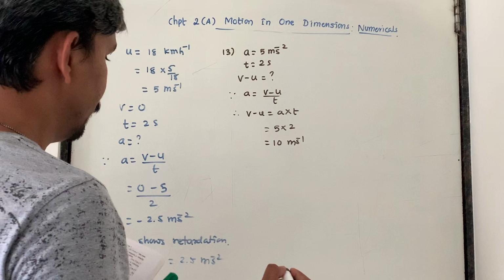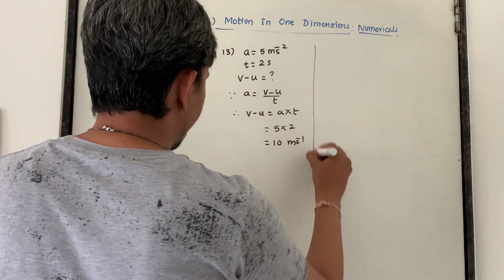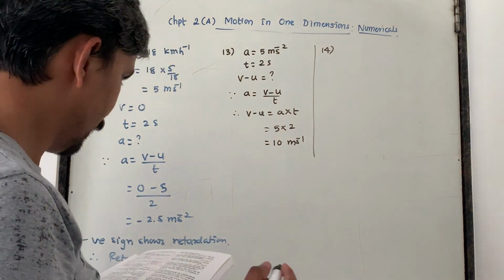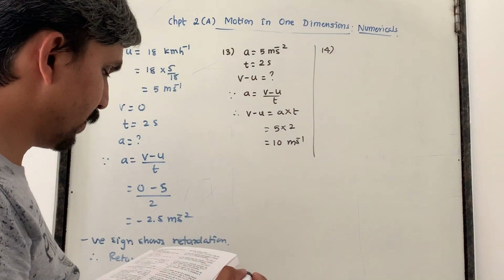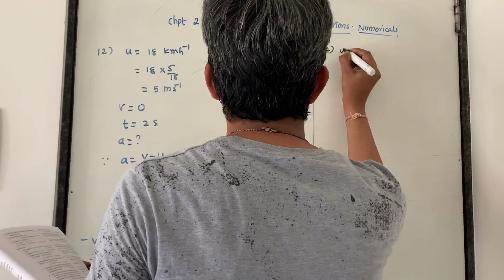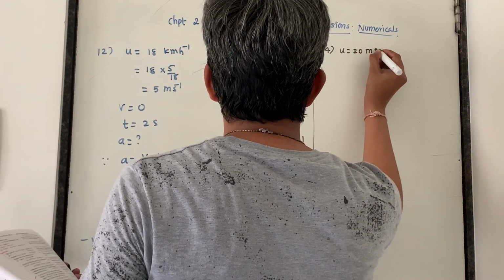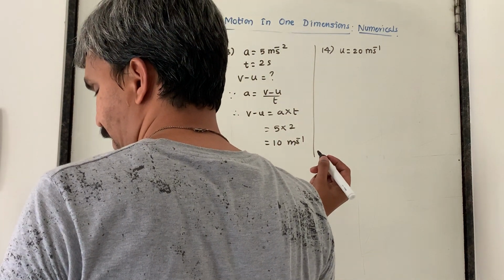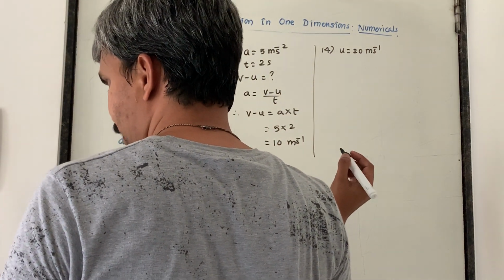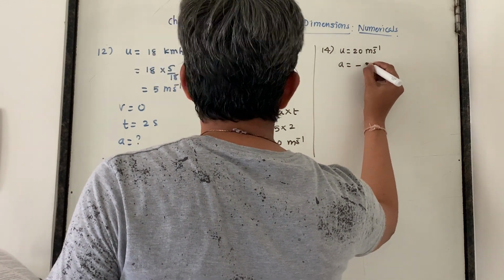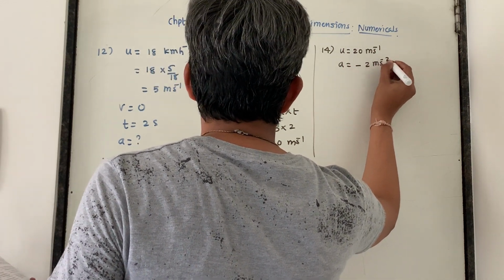Check the 14th one. What is given in 14? A car is moving with a velocity of 20 meter per second, so u is given as 20 meter per second. Then the brakes are applied to retard it at the rate of, a is given, retardation is minus 2 meter per second square.